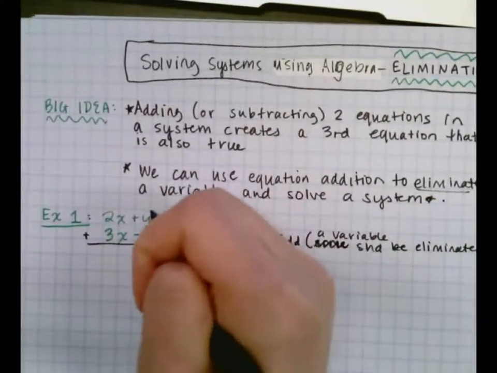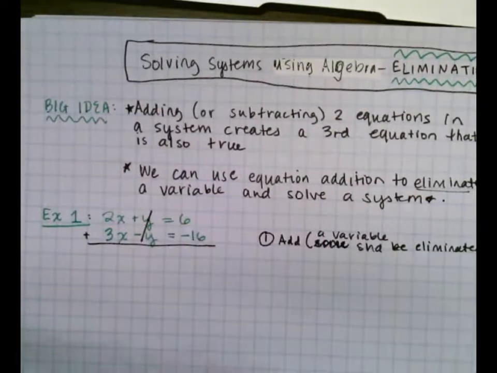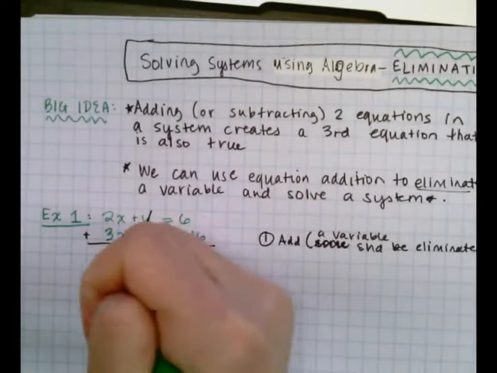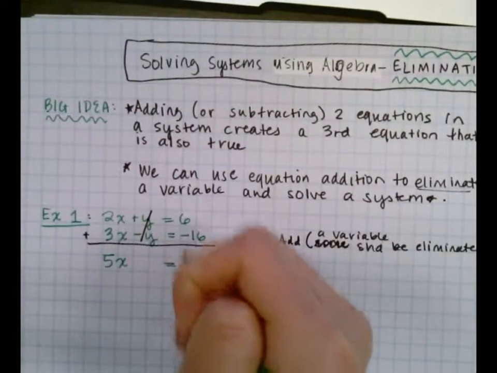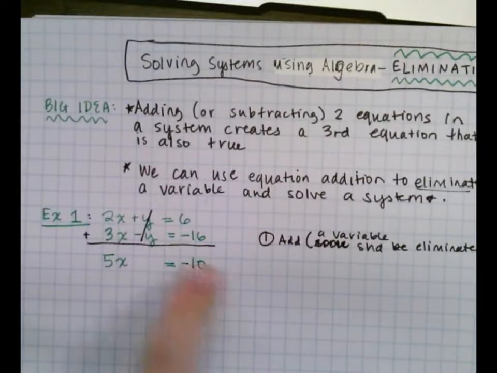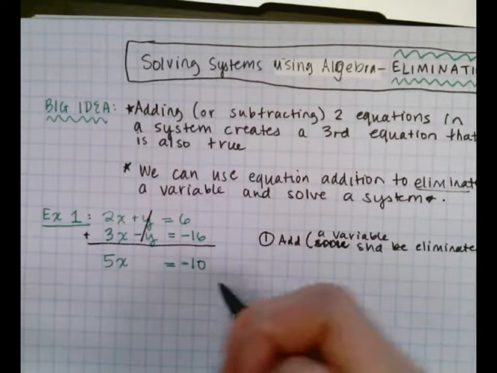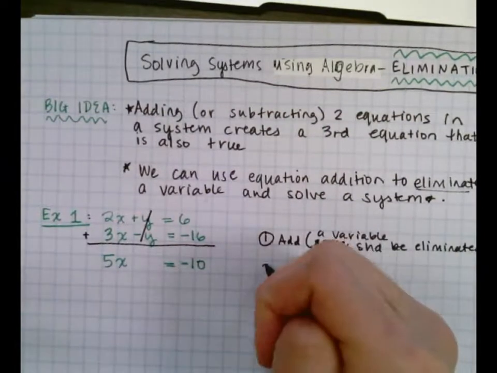But here, when I add positive y and negative y, they cancel, so I'm left with 5x is equal to negative 10. Well, now this is my new third equation that I was talking about up there. And now this is an equation we can solve for x because there's only one variable, so I can get a value.